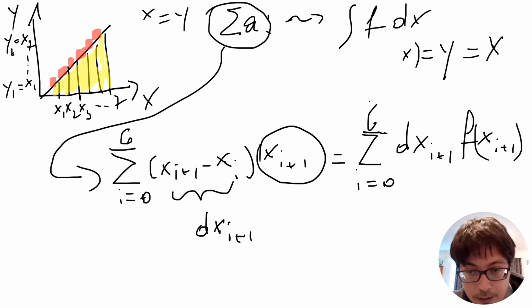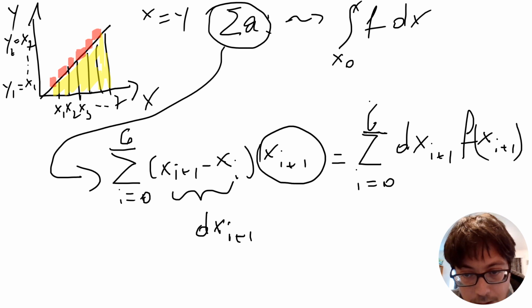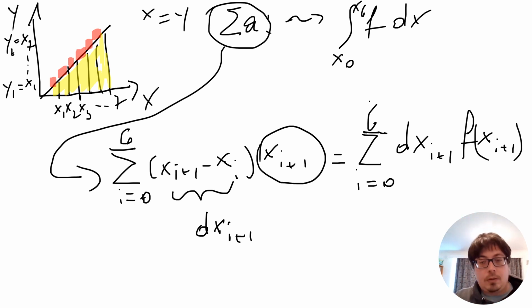They're getting closer. I wrote it the other way around, but the f is there, the x is there, and the sum is still okay. We introduce a 0 to 6, which is the same as x0 to x whatever, in this case 6. So we are transforming this sum into an integral bit by bit.